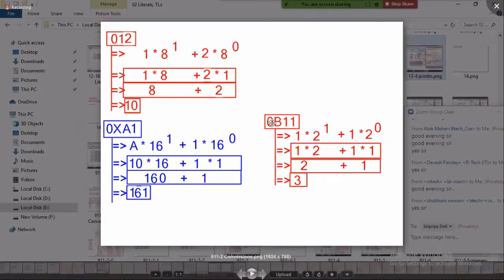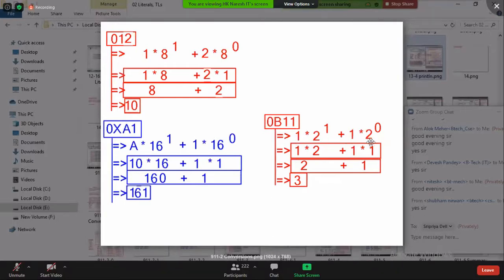Binary base is 2. So 1 into 2 power 1 plus 1 into 2 power 0. 1 into 2 plus 1 into 1. 2 plus 1, that is 3.